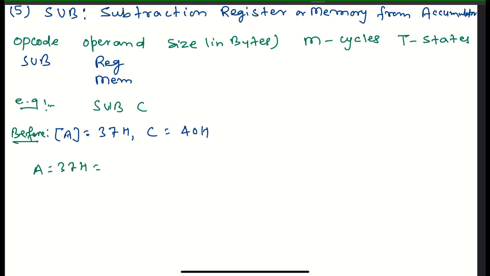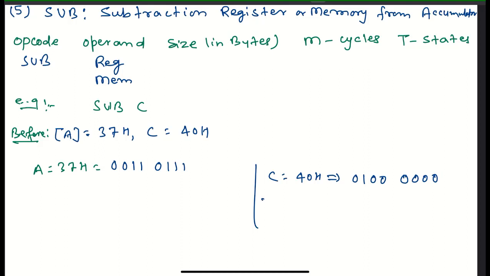In 8-bit form it can be written as 0011 0111. Now how to write C? C is 40H, and its binary will be 0100 0000. So this is the binary form of 40H.